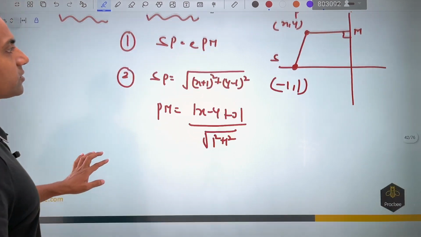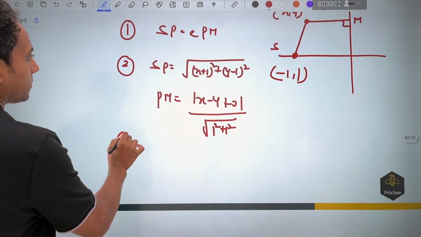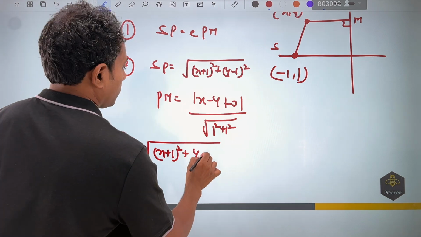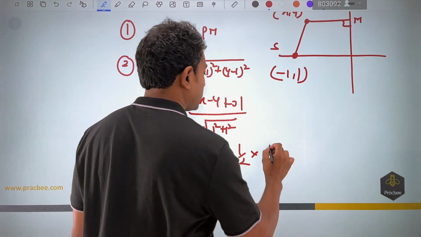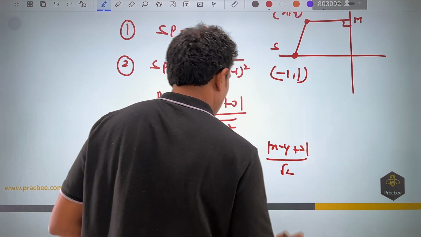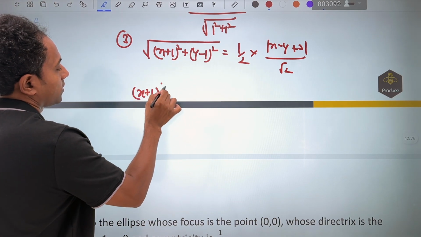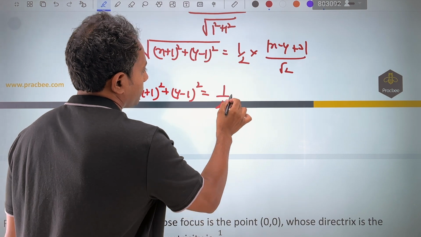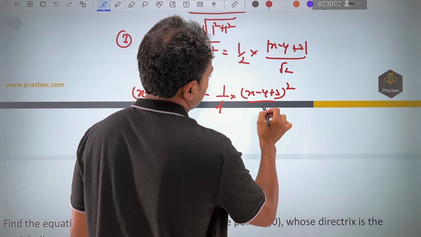Now once you have got this, let us put it here, because eccentricity is also given as 1 by 2. So if I apply here, it will become root of (x + 1)² plus (y − 1)² is equal to 1 by 2 times, that is the eccentricity, |x − y + 3| by root 2. If I square it up, let us see what we get. This will become (x + 1)² plus (y − 1)² is equal to 1 by 4 into (x − y + 3)² by 2.